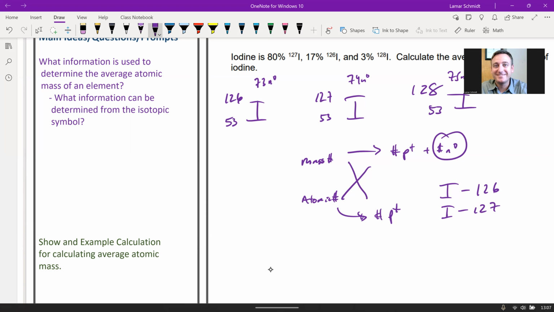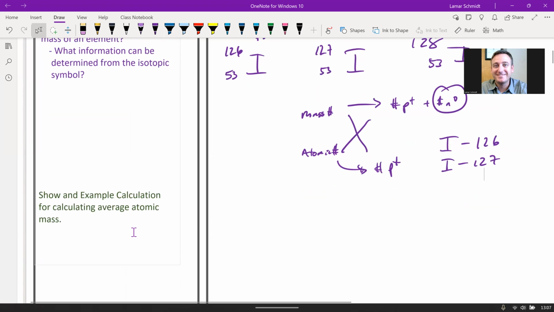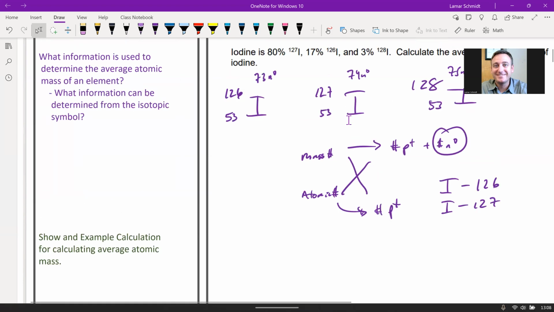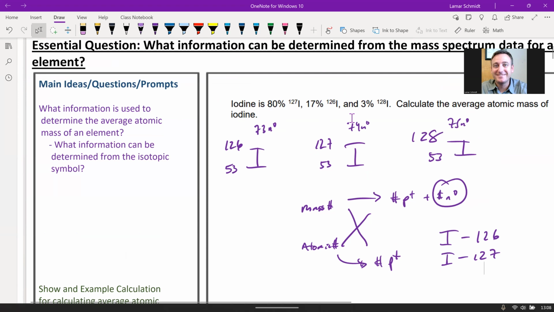All right. The next thing, it says to show an example calculation for calculating average atomic mass. Now, when we take an average, when we're dealing with isotopes, we're not just taking a straight average. We're not going to just say that we have 3 isotopes, I-126, I-127, and I-128, add those values up and divide by 3.